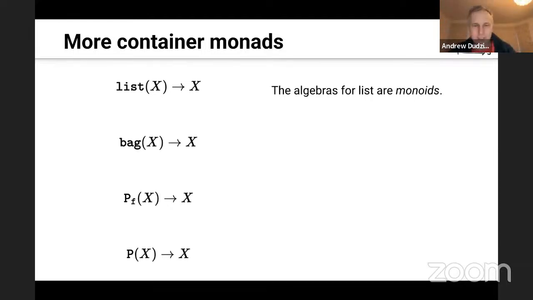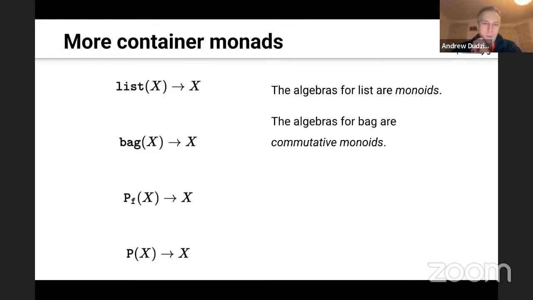A bag is kind of like a list, except it doesn't have an ordering. So if you think of it like a list, it had better be true that you get the same answer regardless of what order you do it in. Commutative monoid is exactly right. So a commutative monoid is the same as an algebra for the bag, sometimes known as the multiset monad.